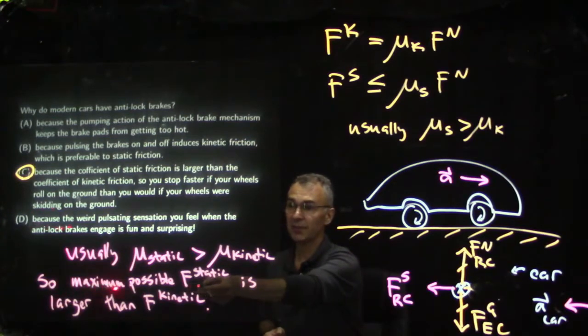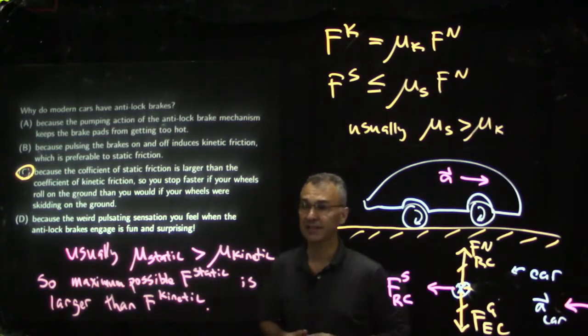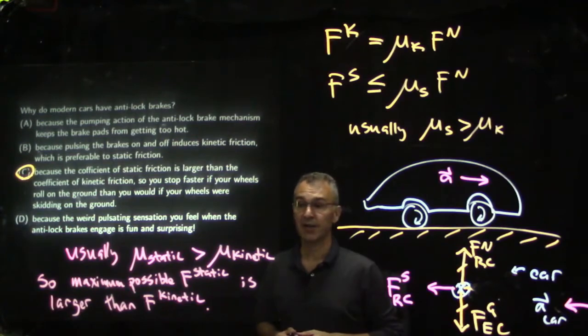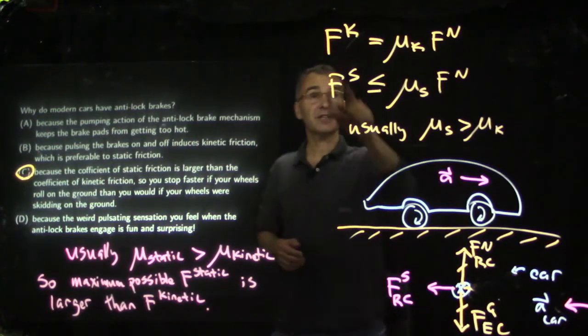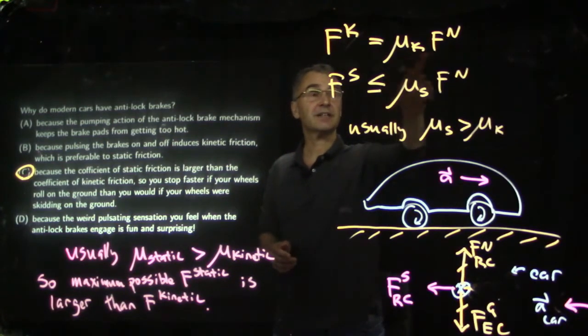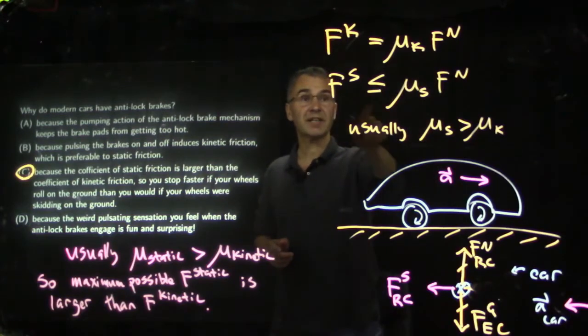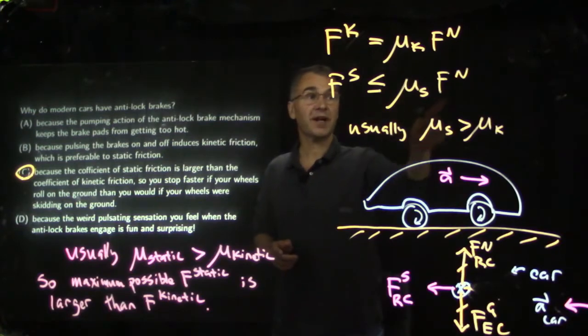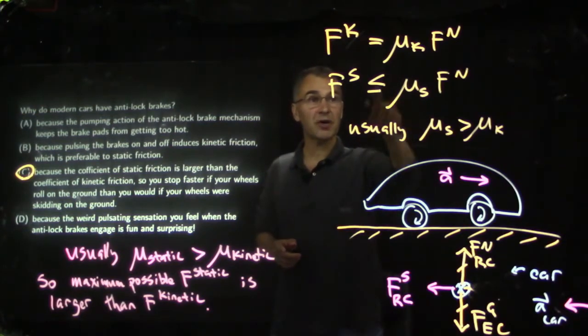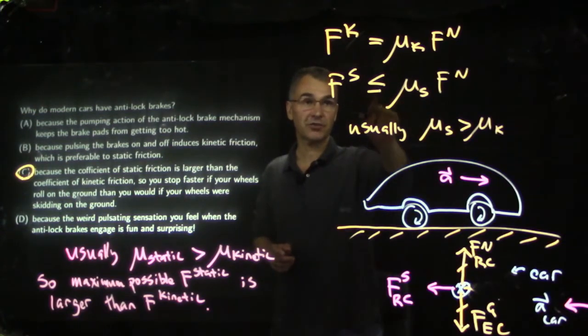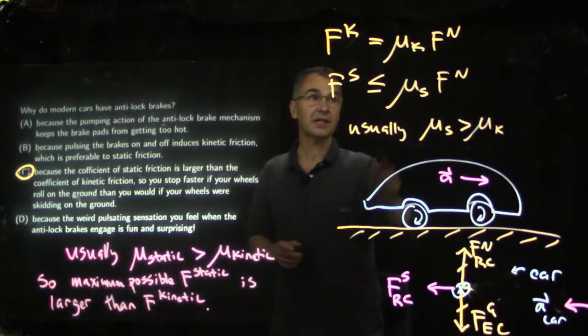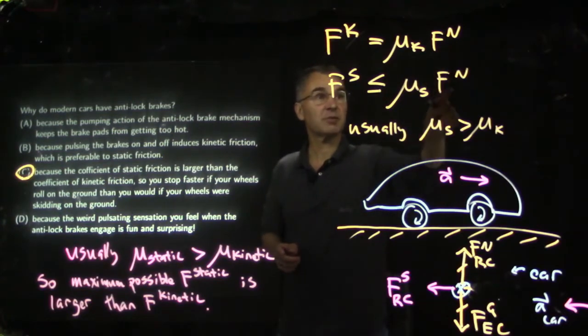And that means that the maximum possible value of F static is larger than the value of F kinetic. Remember, F kinetic equals mu kinetic times the normal force. F static is smaller than or equal to mu static times the normal force. So the largest possible value of static friction is where this inequality is an equal sign. And the normal force is the same in both cases.